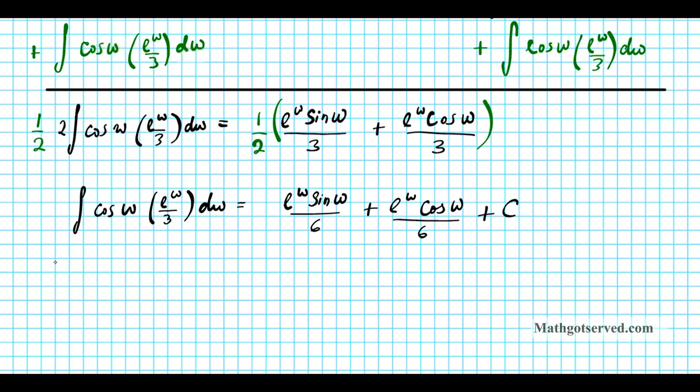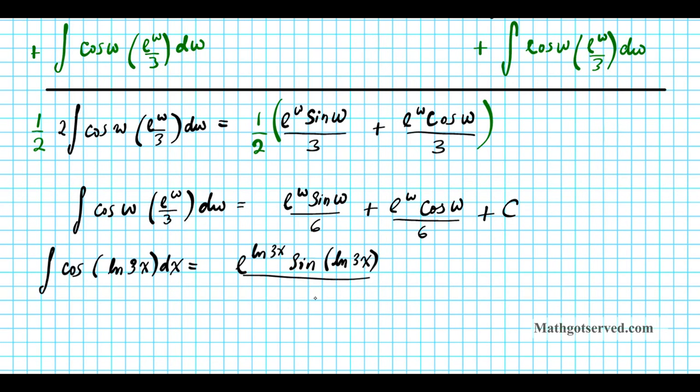Okay? So the original problem, the integral of cosine of the natural logarithm of 3x dx equal to, it becomes e to the, instead of w, it will be the natural logarithm of 3x. Sine, instead of w, it will be sine of the natural logarithm of 3x.